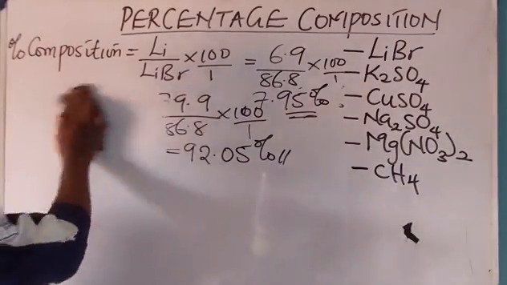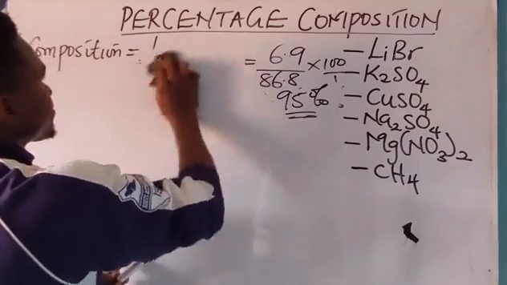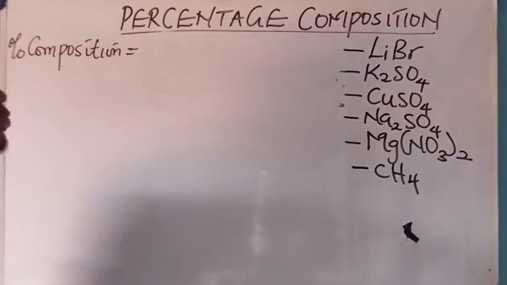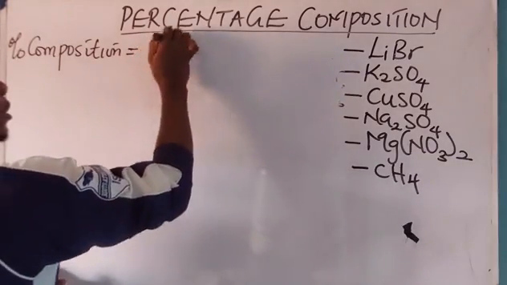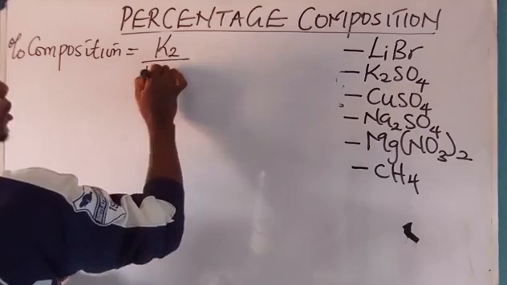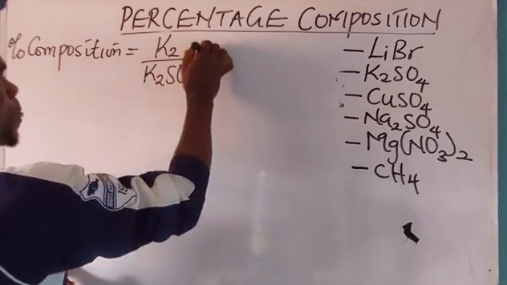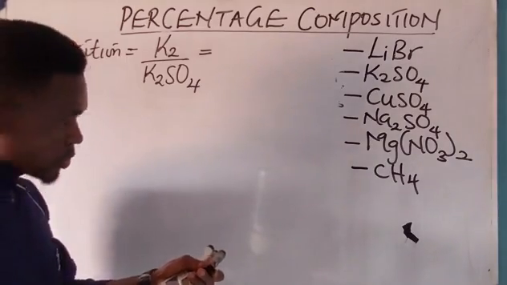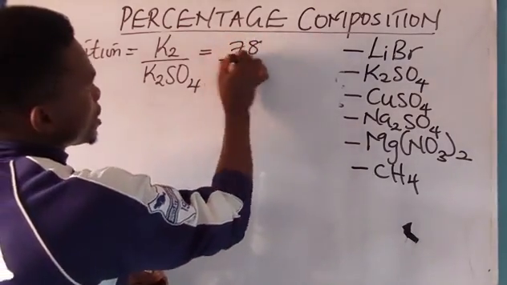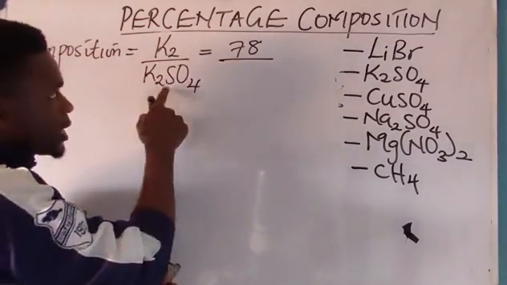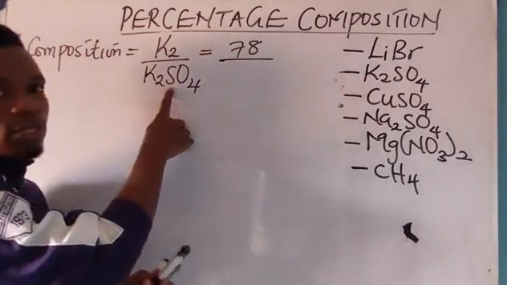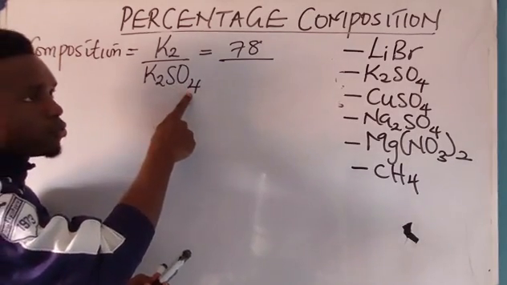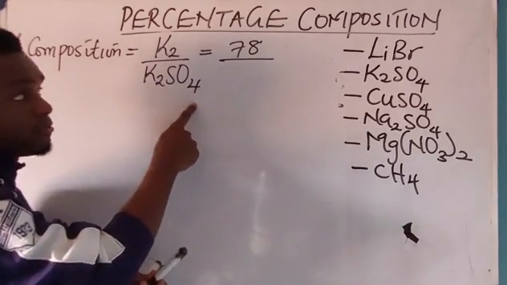All right, the next one is number 2, which is potassium sulfate. Potassium first, you say K2 over K2SO4. Potassium is 39, so 39 times 2 equals 78. I have 78 over, sulfur is 32, then oxygen is 16. So 16 times 4, you have 64.